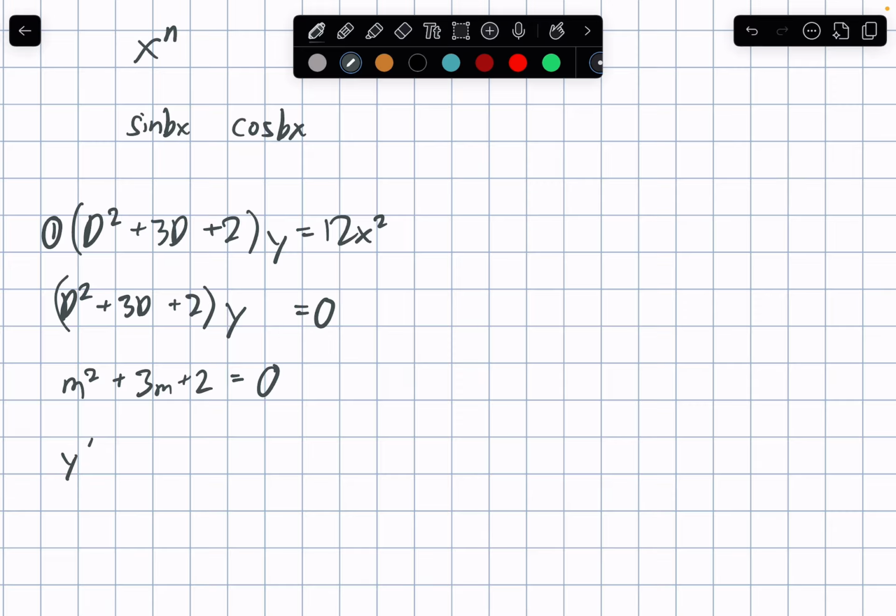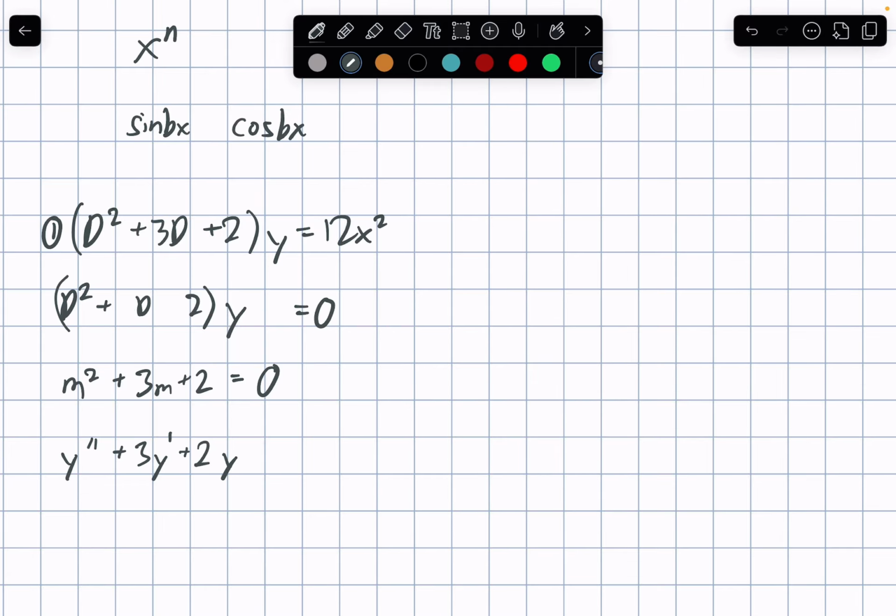And if you want to write it in terms of y, yeah, I think this is how you do it. Let me just confirm using my notes. My bad.